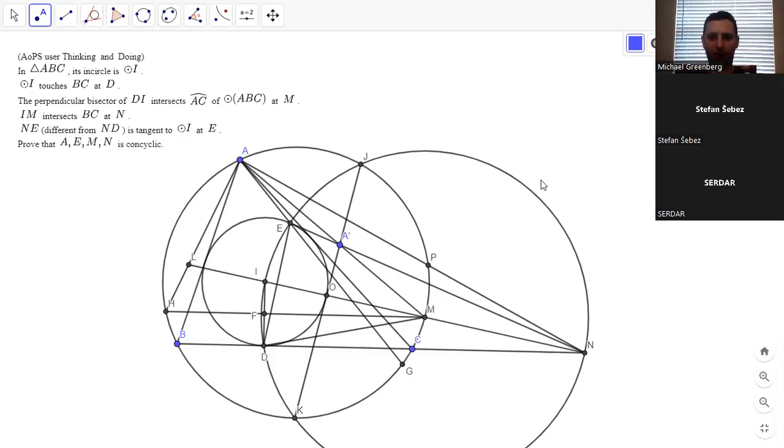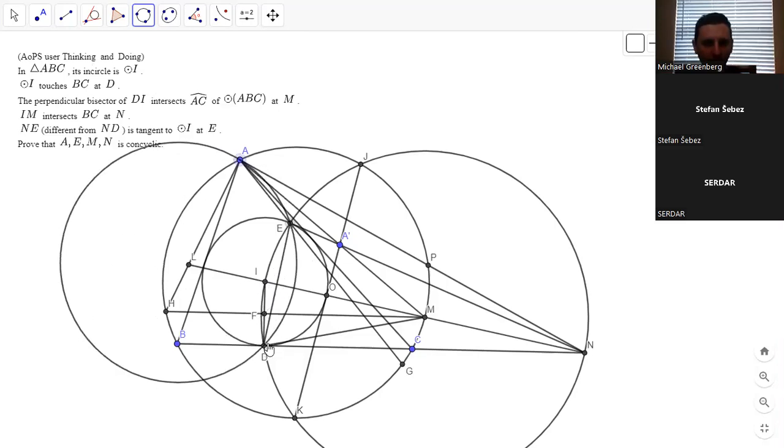So yeah, we want to show this is an angle bisector. I wonder if there's some other circle we can use for that. Let's see. AE. Yeah, maybe there's a circle AED.